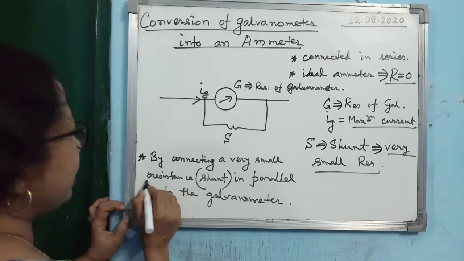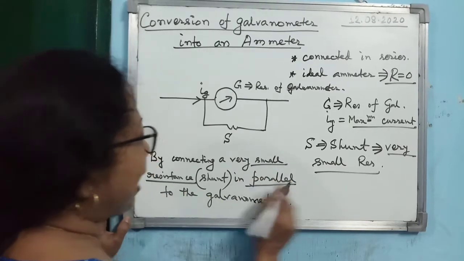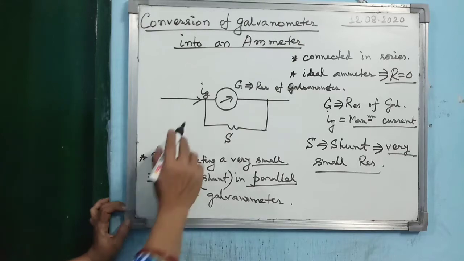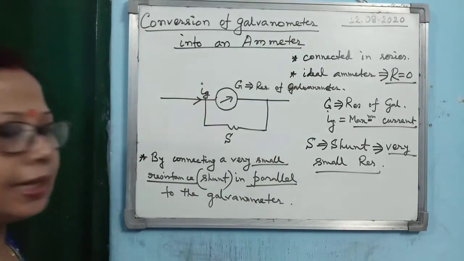So here you see these are the 2 points in parallel and small resistance.